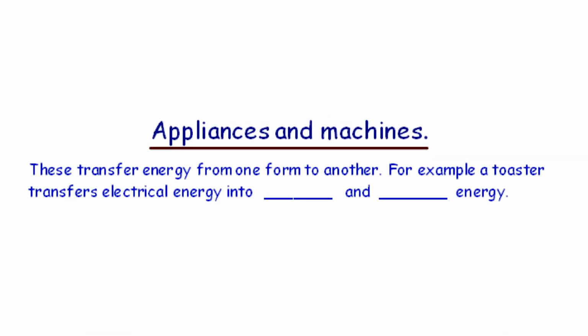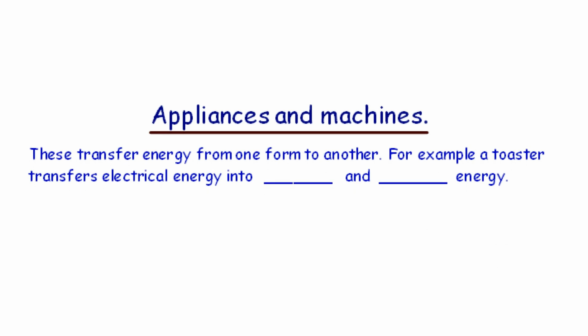Appliances and machines. These transfer energy from one form to another. For example, a toaster transfers electrical energy into, well, useful heat. And if you've ever looked inside a toaster when it's on, you can see the bars and you can see that they're orange.